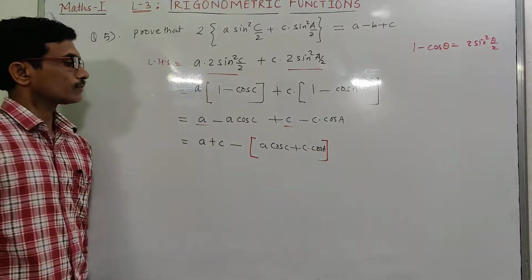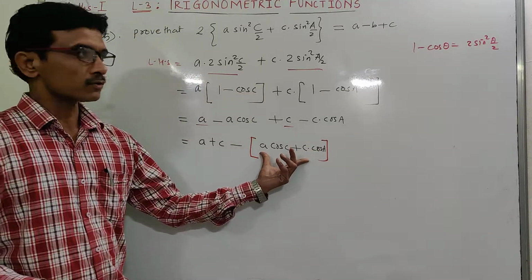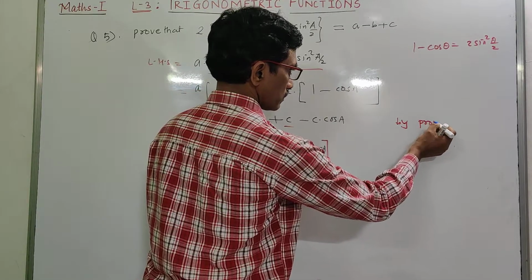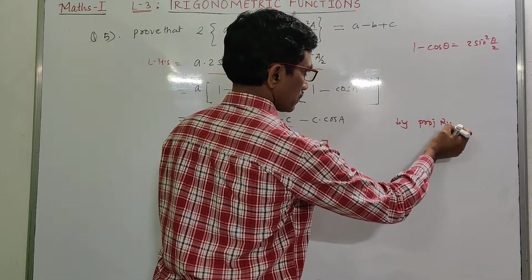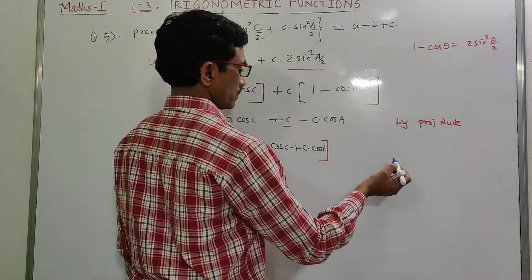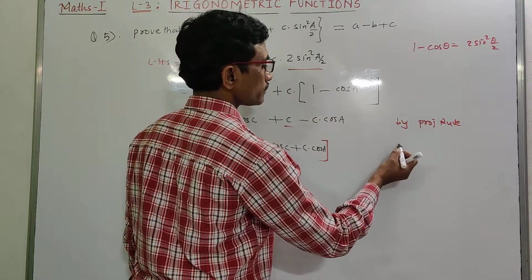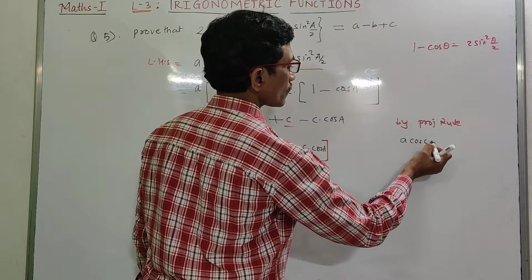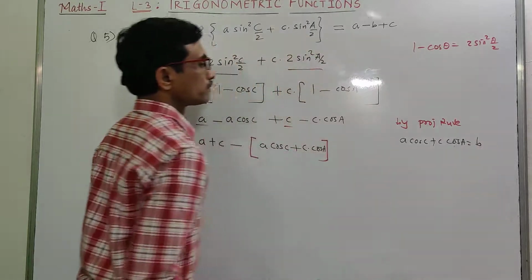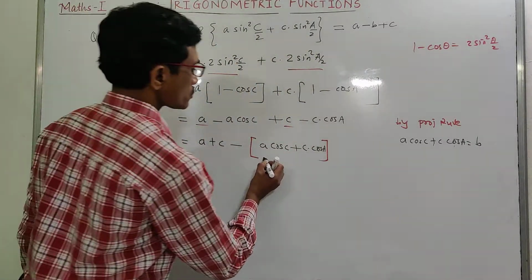This is by projection rule. See, by projection rule, we have A cos C plus C cos A is equal to B. So in place of this, what is to be written?